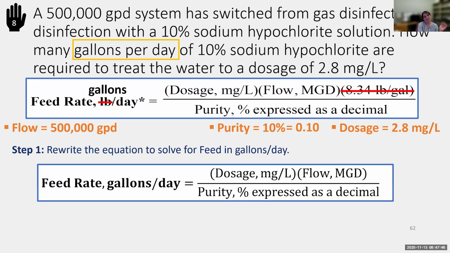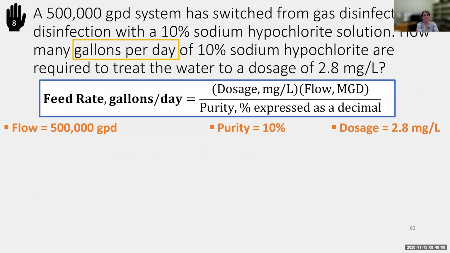So what we get is feed rate in gallons per day equals dosage in milligrams per liter times flow in million gallons per day divided by purity expressed as a decimal. Okay, so we want our feed rate in gallons per day, and now we have it.